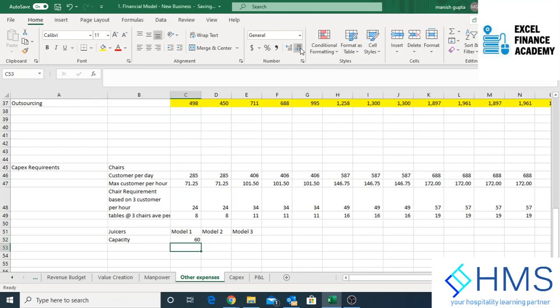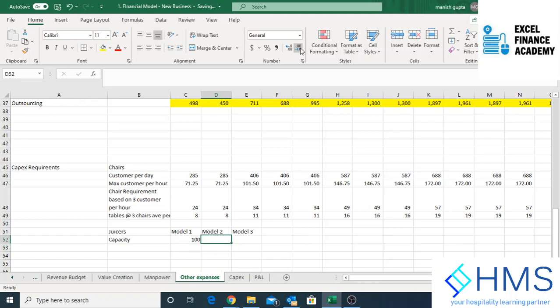There are some which are faster or can do larger portions, so you can do multiple portions. You can say, okay, the juicer can do maybe 100 portions in an hour.